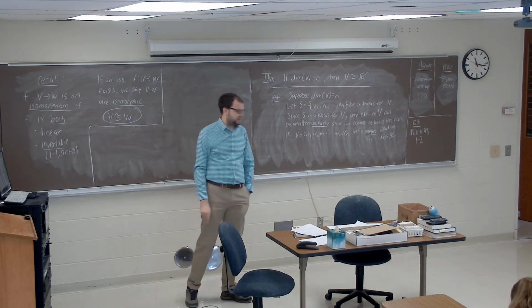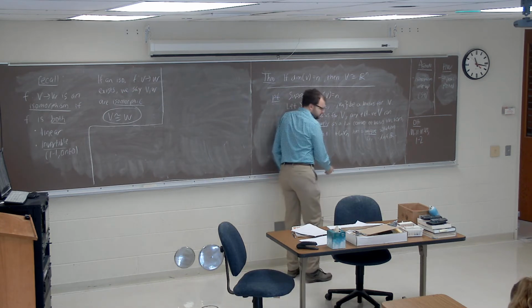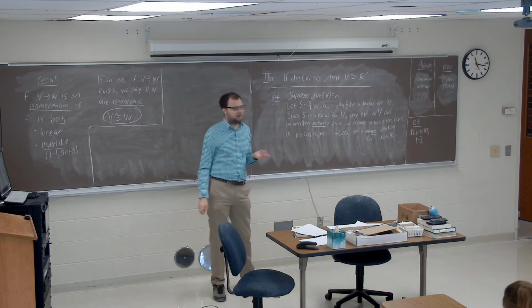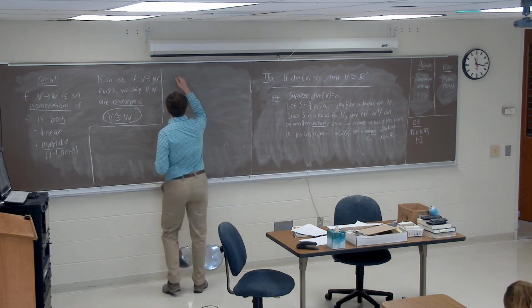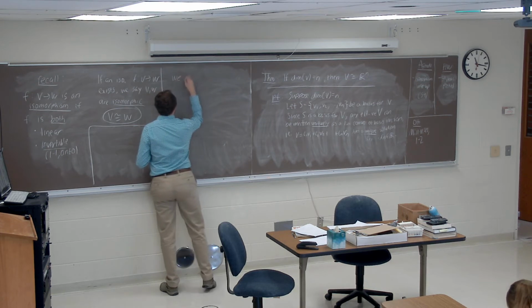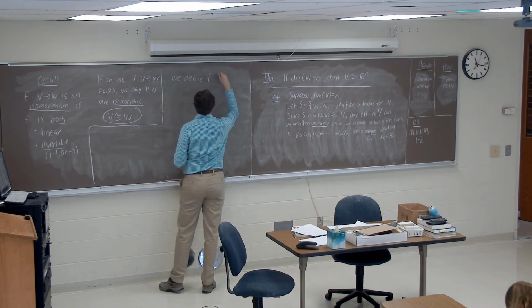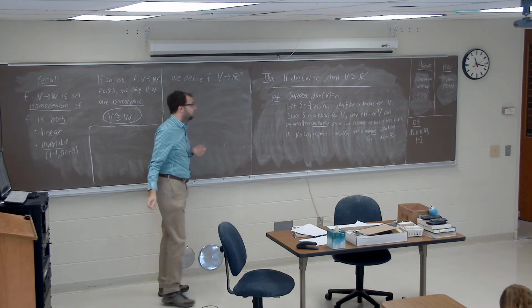You're okay so far? So, Dr. Gerstle, what are we going for here? We're trying to show V is isomorphic to Rn, right? So what I want to do now is define a function f that goes from the vector space V to Rn.